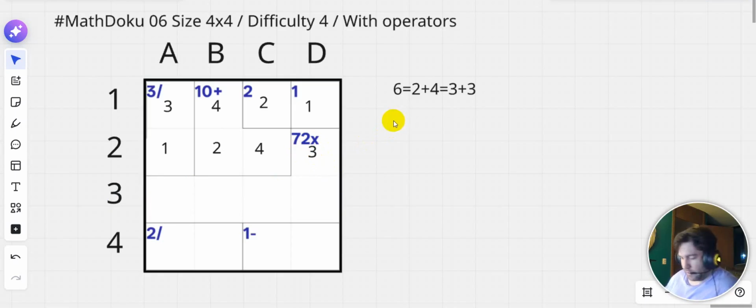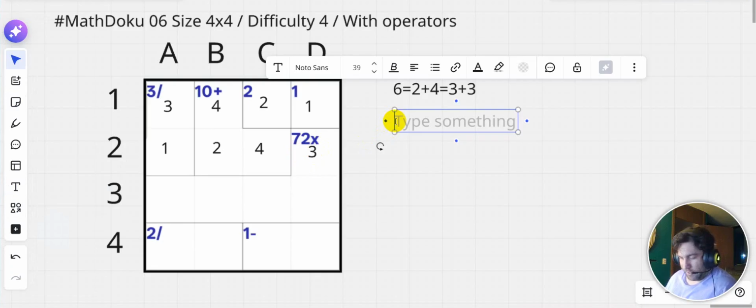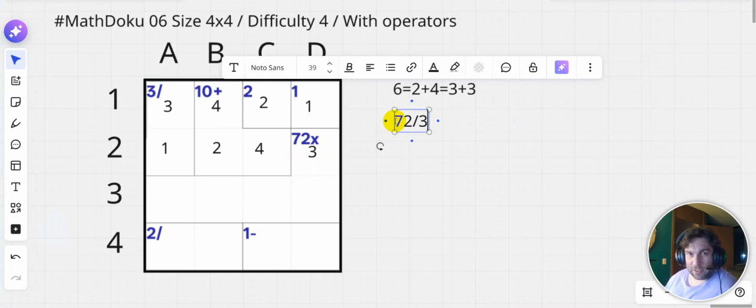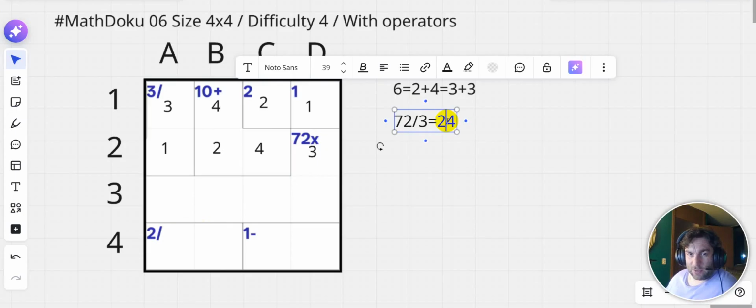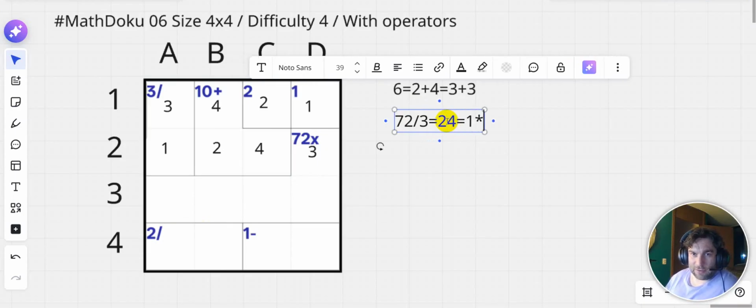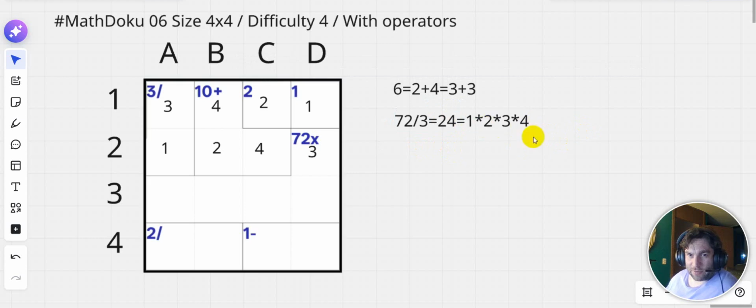So if we divide 72 by 3, we get 24. So we know the product of these four numbers is 24, but we already knew it. It's always like that because 24 is the product of numbers 1, 2, 3, 4, meaning that currently no information about row 3 is available. That's why we skip it and go to row 4.